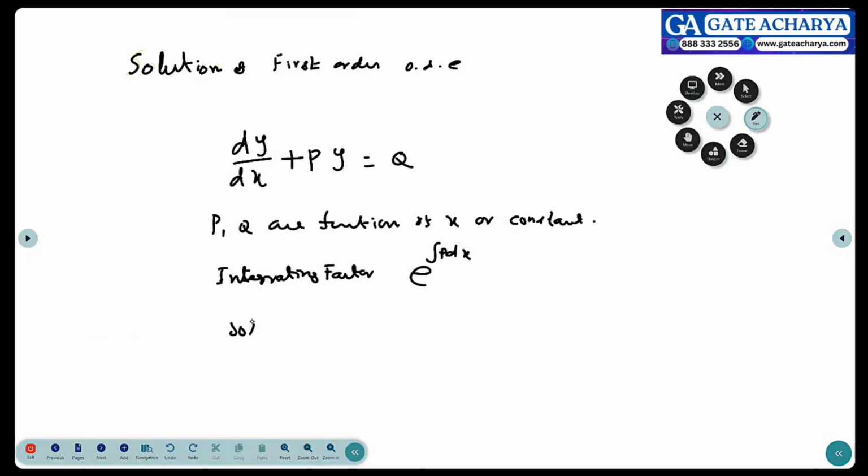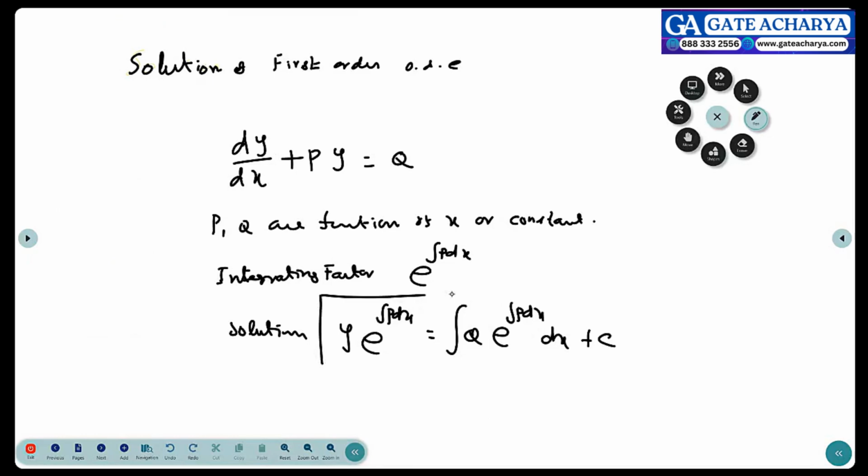Therefore, the solution of this equation is obtained from y into e power integral p dx is equal to integral of q into e power integral p dx into dx. Finally, after reducing everything, we add a constant c. That is the solution of a first order linear differential equation.